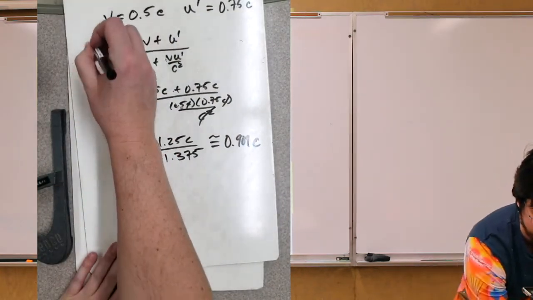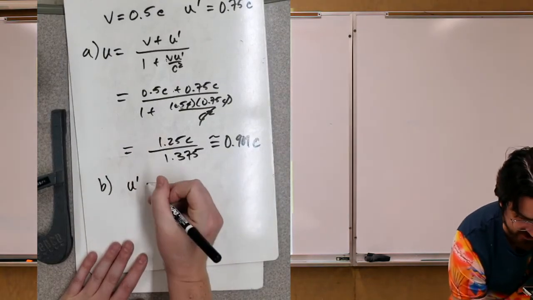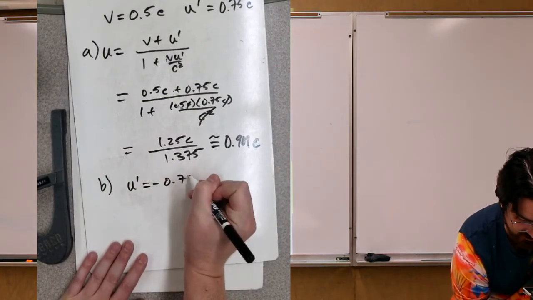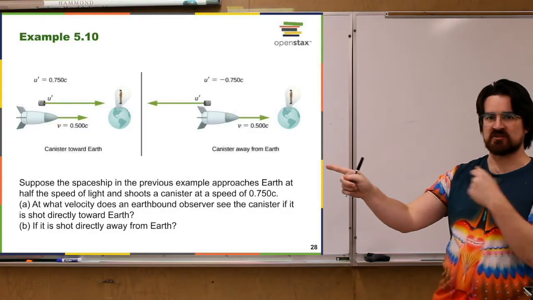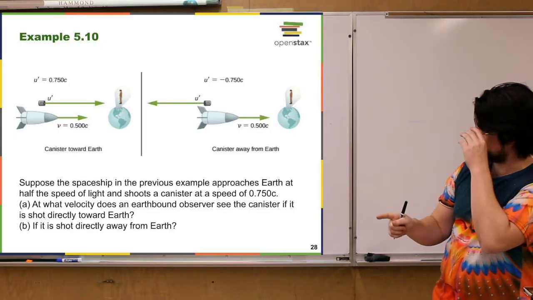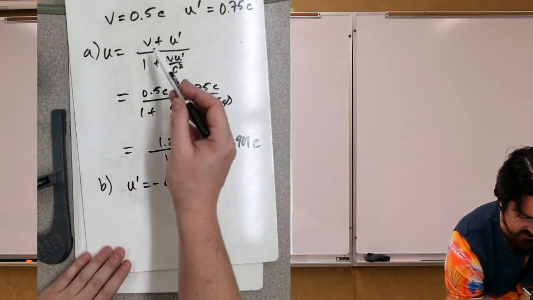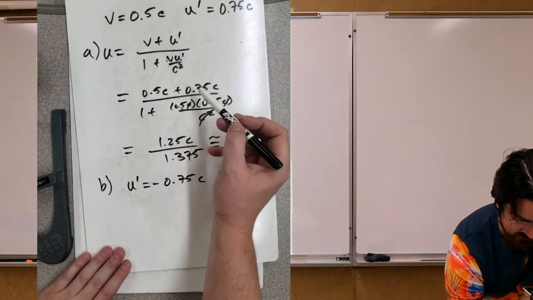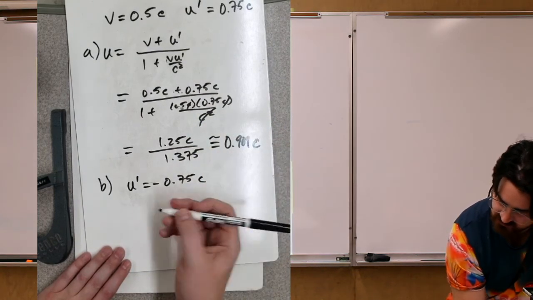So that was A. In B, we're saying, okay, well, what if that projectile was actually shot backwards, in the opposite direction that the reference frame was going? It's going to look all the same as this, except for, this is negative, that's negative.